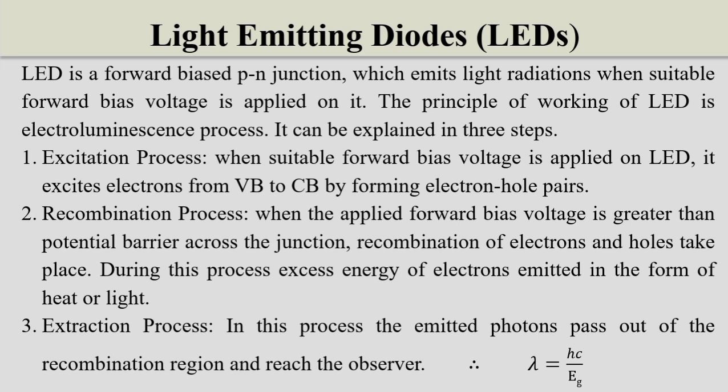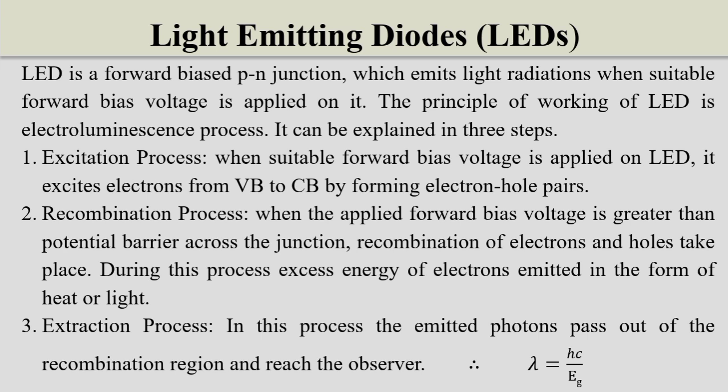LED is an example of an electroluminescence device. It is a forward biased PN junction which emits light radiation when a suitable forward bias voltage is applied on it, and the working principle of LED is the electroluminescence process.